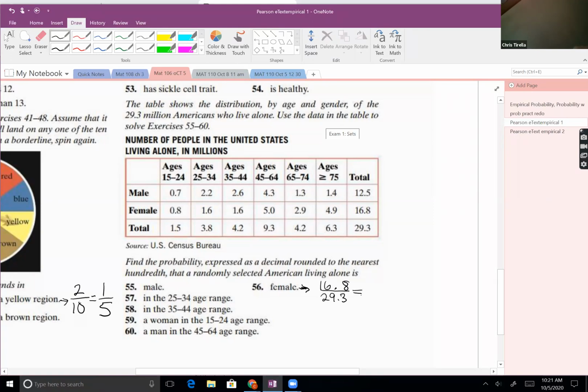Because they ask us for a decimal rounded to the nearest 100th, I'm going to take that 16.8 and divide it by the 29.3 on my calculator. This is the 10th place, this is the 100th place. The next digit was a 3, so I'm going to round down: 0.57.